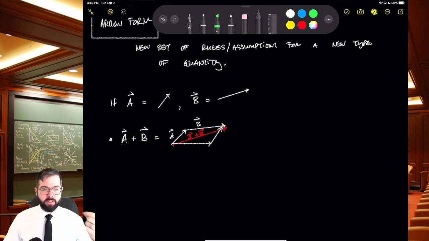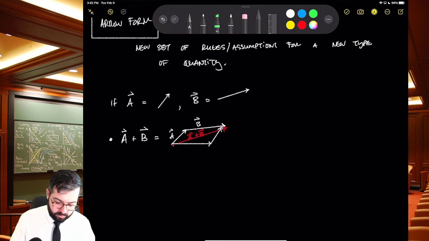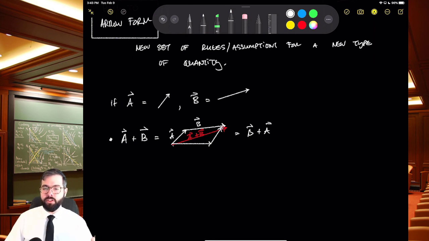So what does that tell us? We just proved with a graph that we have the commutative property with addition. So with adding vectors, it doesn't matter what order you add them in. So that's a good thing.